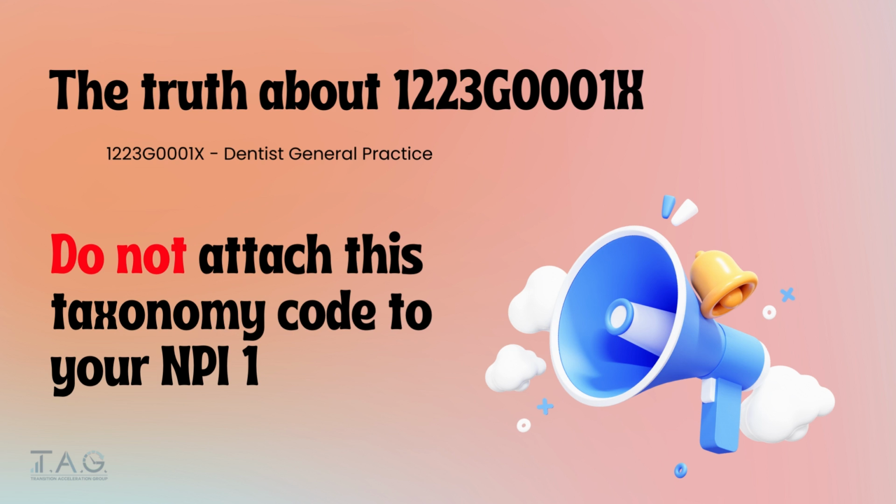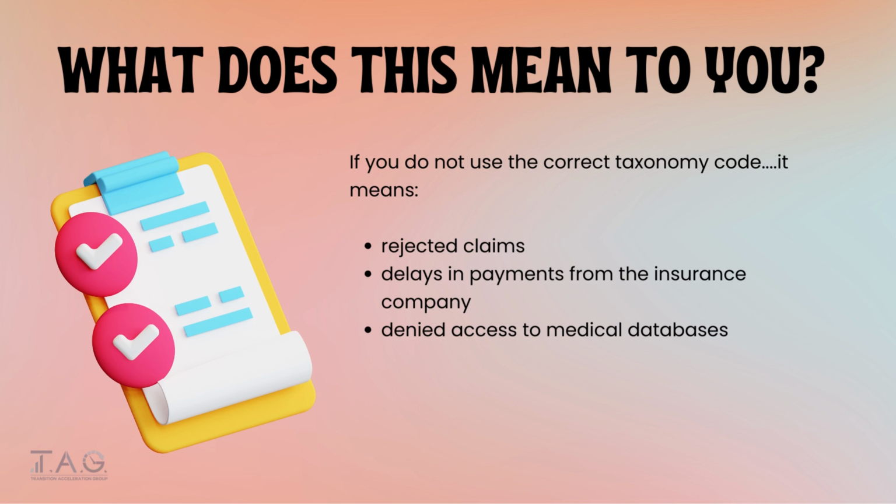So do not attach this taxonomy code to your NPI 1. If you do attach the wrong taxonomy code and you're submitting claims, you potentially will be getting rejected claims. Of course, you're going to get delays in payments because the claim will not be adjudicated. It will be immediately declined or rejected. And not only that, the payer will deny you access to the medical database.